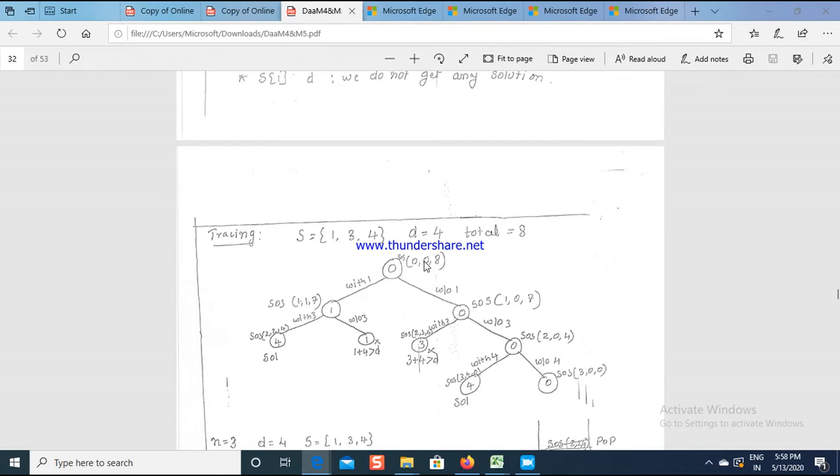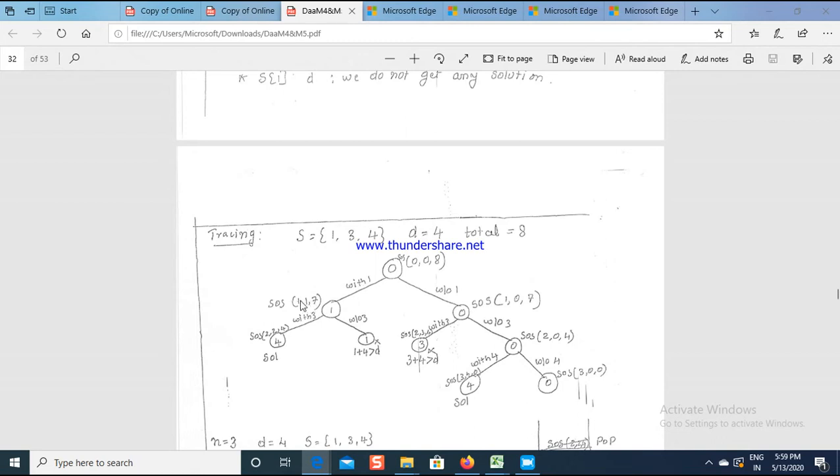And what about the current sum? When I move towards the left, this 1 will be included here. So the index is incremented by 1 and your current sum, that is the weight, will be incremented with whatever is written here. So with 1 or with 3.